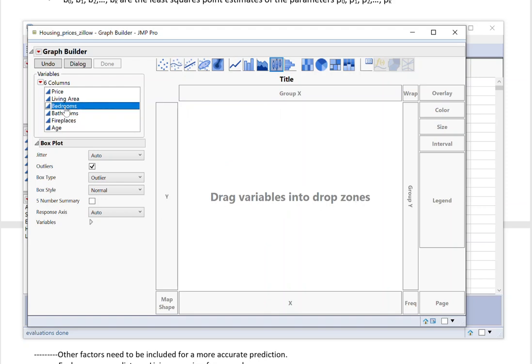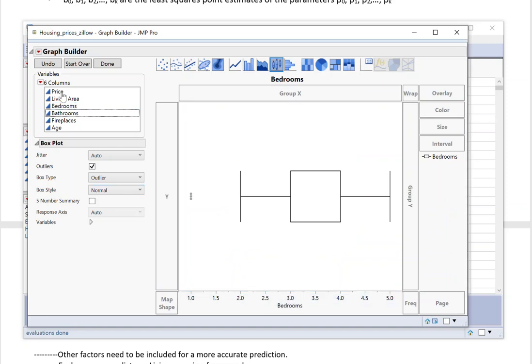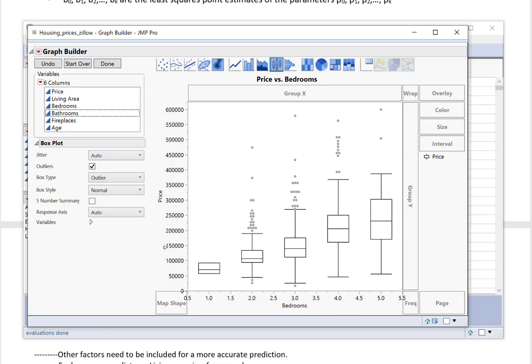We want bedrooms as my x variable, and house price as my y variable. This box plot shows much more clearly than the one we had before. So we have kind of a linear relationship.